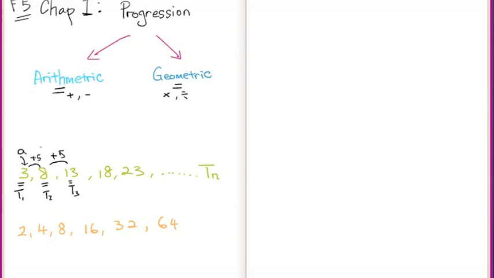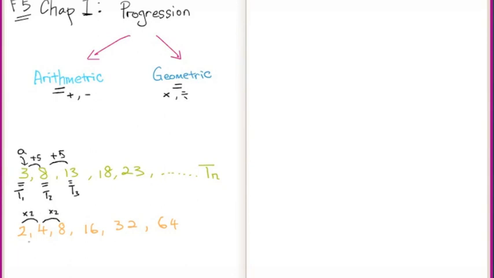You can't do it with only T1 and T2. You need at least 3 numbers to find out the relationship. Let's work out the second one. Between the first two numbers, maybe you say it's plus 2. But if plus 2 is correct, then 4 plus 2 should be 6, but it appears to be 8. So plus 2 is not correct, and this is not arithmetic, but indeed you times 2.